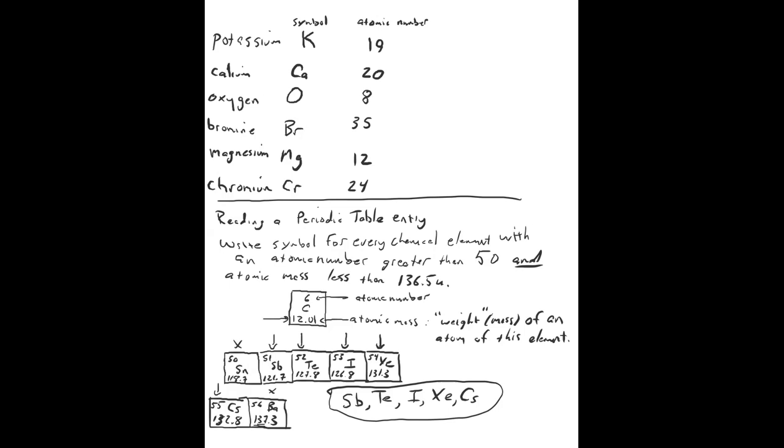Okay, let's talk a little bit about periods and groups. So periods and groups work this way. Periods are this way, horizontal. They go horizontally. And then groups go vertically down, right?